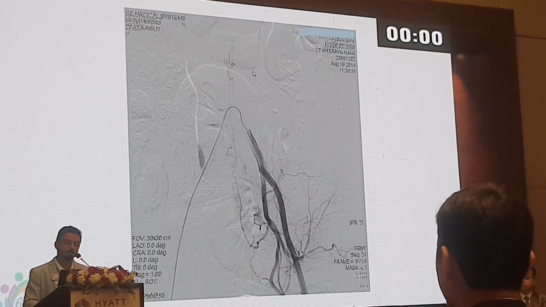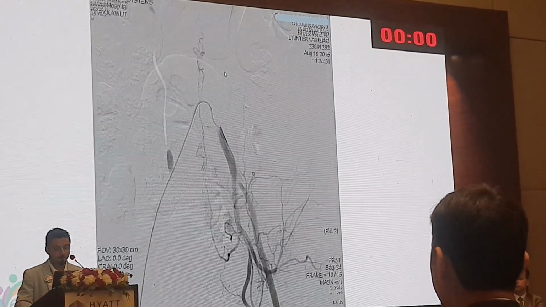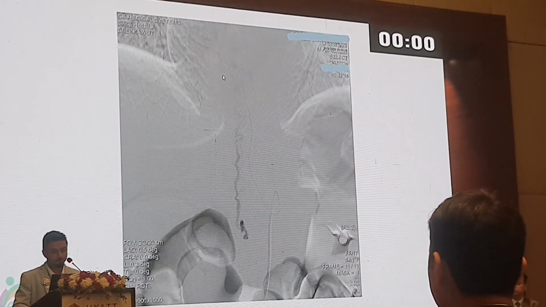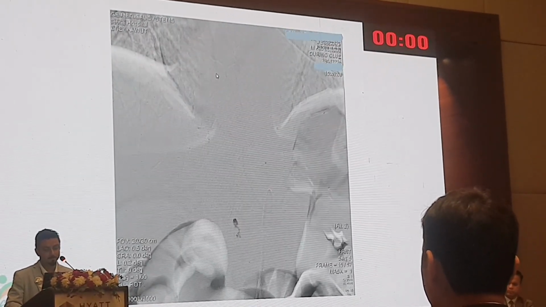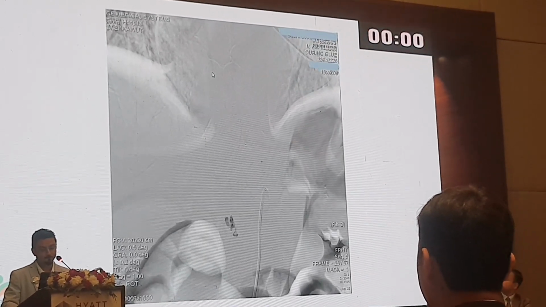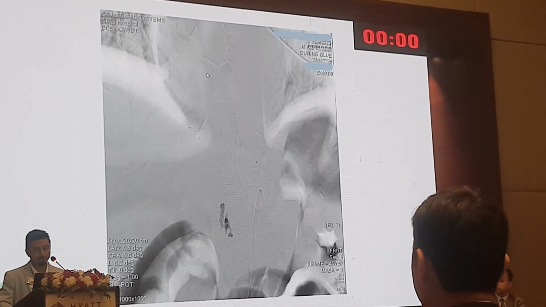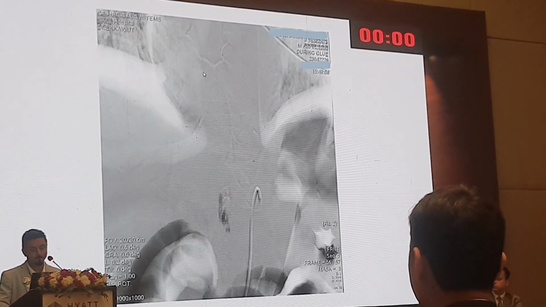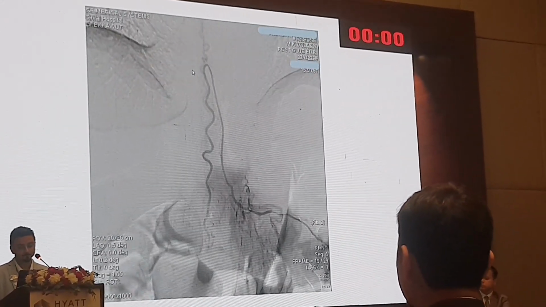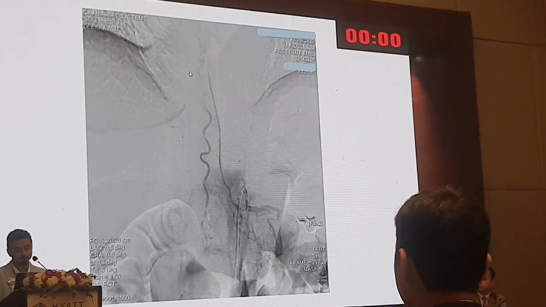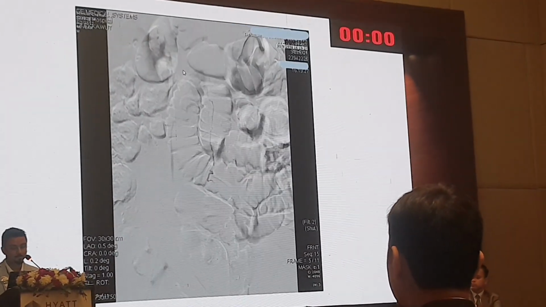This was during the embolization. Post-embolization, the shunt is no longer seen in this condition as well. The lateral sacral artery was also embolized.